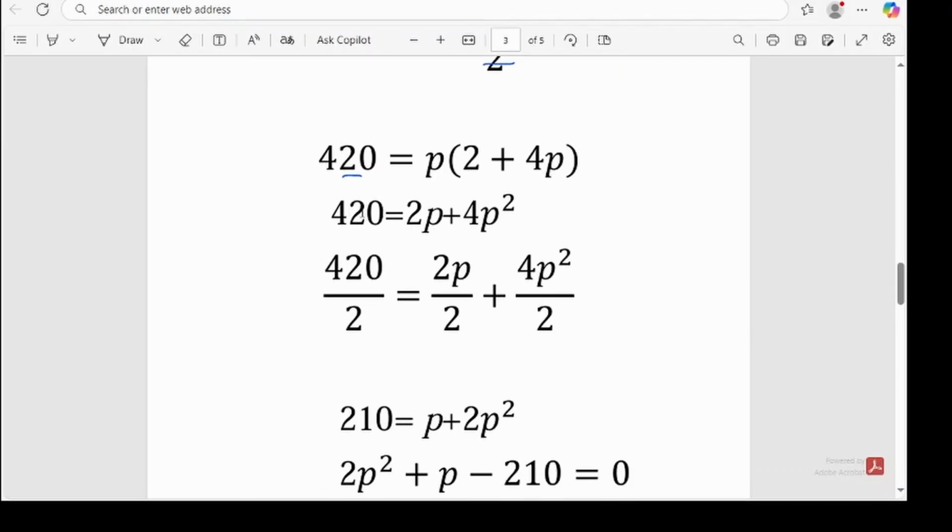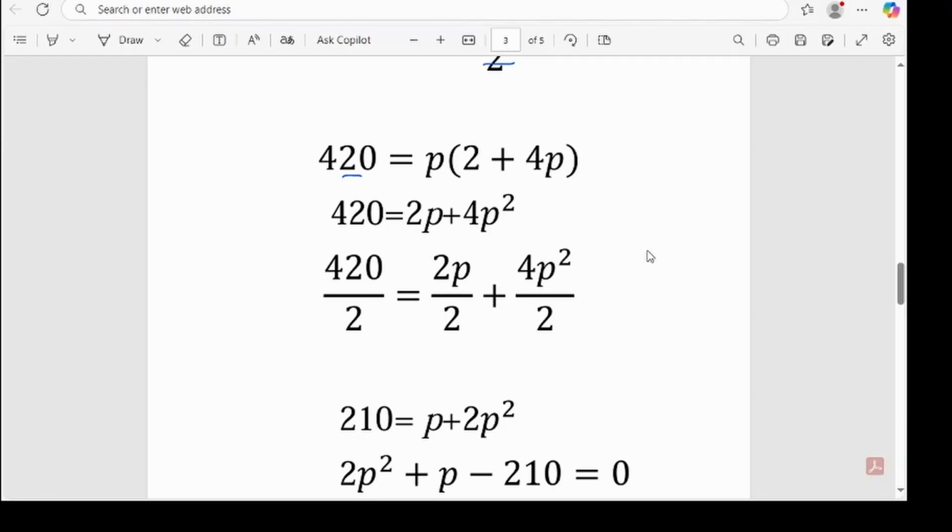So we are going to get 420 equals p multiplying 2, which gives you 2p. p multiplying 4p gives you 4p squared. So we've gotten the equation as 420 equals 2p plus 4p squared. Okay, so we simplify.